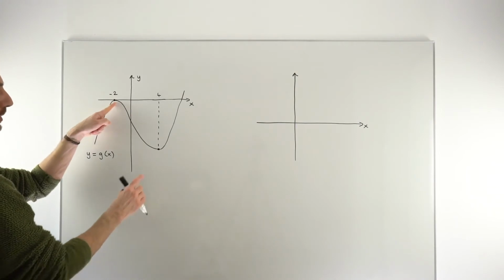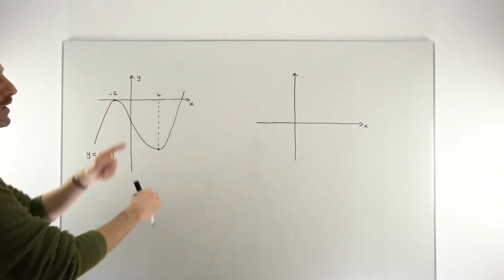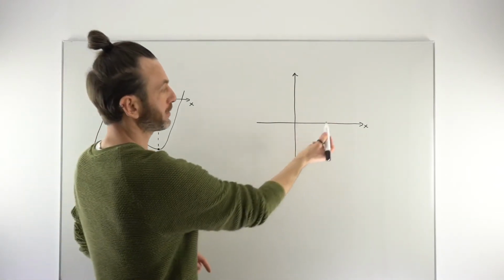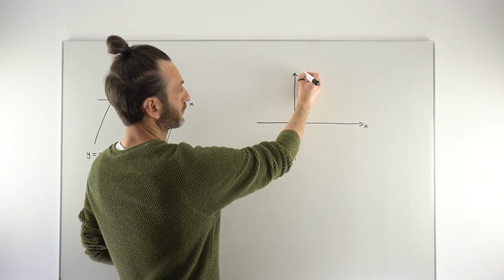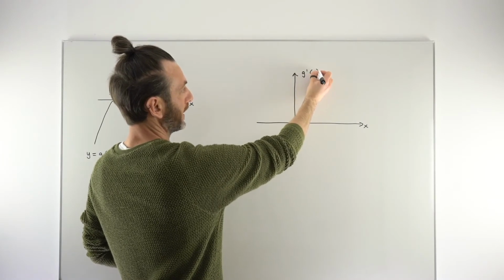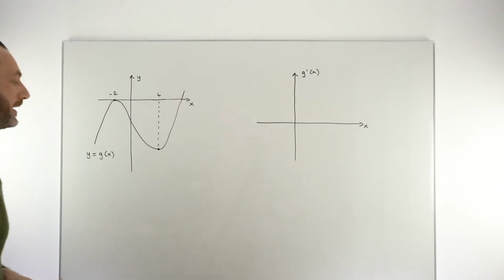So we've got a stationary point at -2 and 4, and these always become the roots on the derived graph. Remember, the vertical axis on your derived graph is no longer y, it's now the derivative, so g dash x in this case.